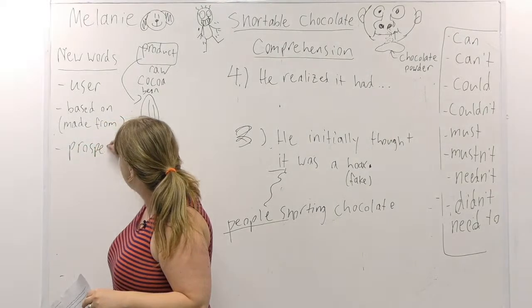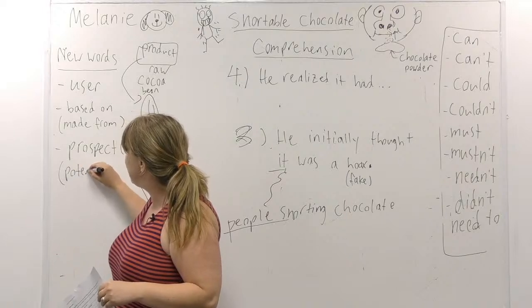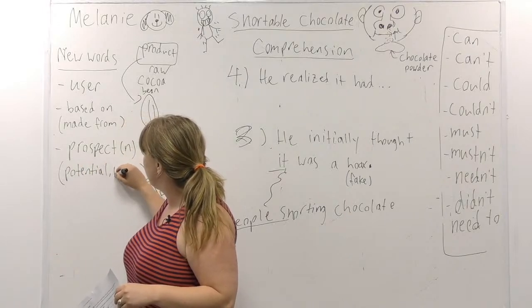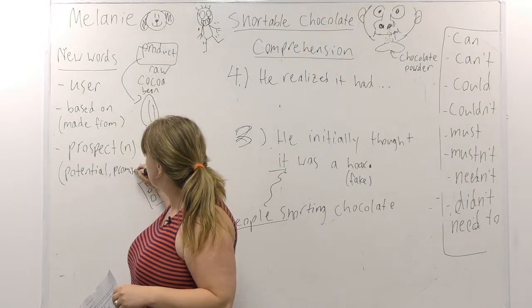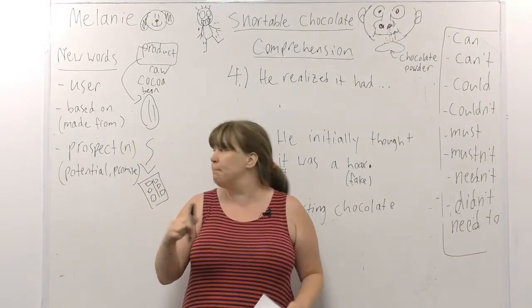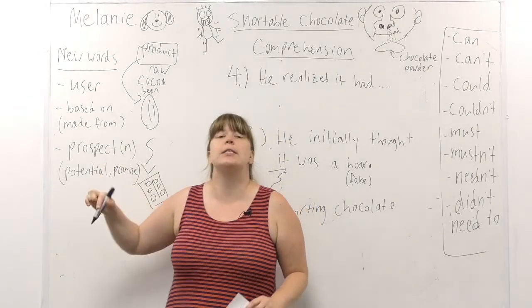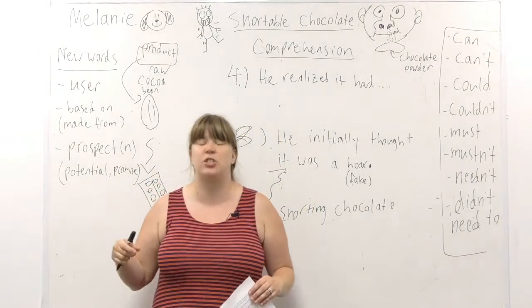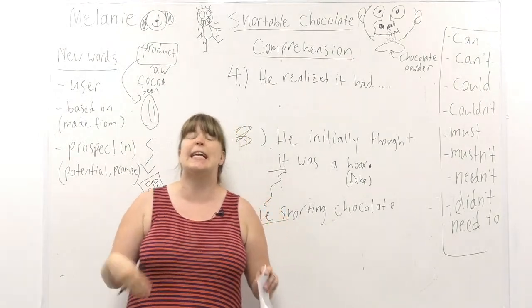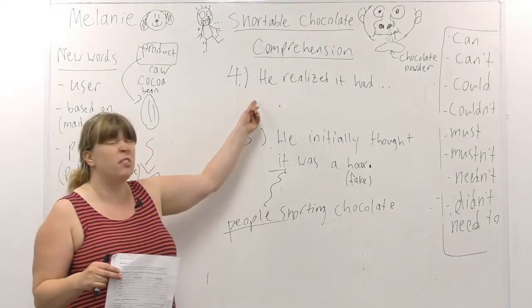So, prospect, the noun, this means potential, or like a promise. So for example, some people saw Steve Jobs, he had some good prospects or some good potential in making Apple. All right, and let's see if you guys can do number 4.